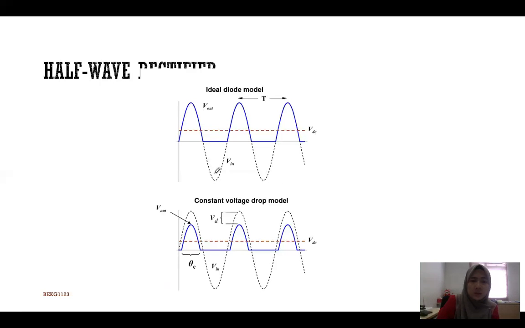The blue line is the output and this is the input. This is for the ideal diode model. But if you take into consideration the silicon diode effect, there will be a voltage drop and also an offset.